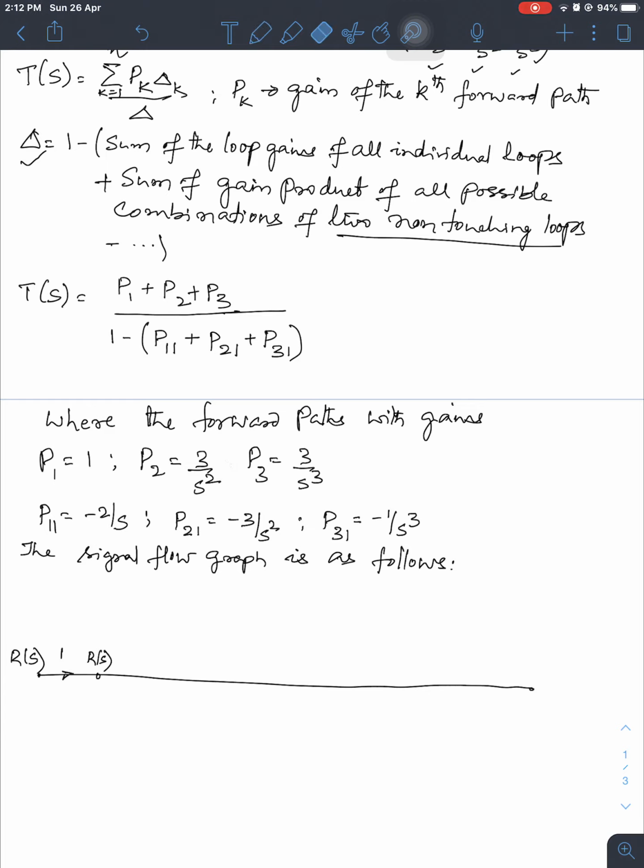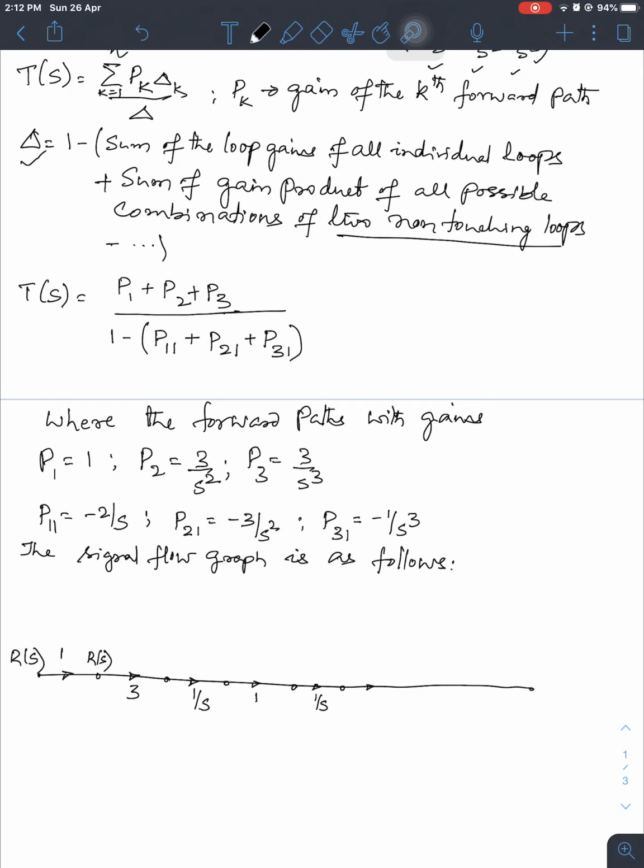I'll try to take P3 and P3 we will try to simulate. Okay, so I will try to take a gain of 3 here, then I will put 1 by S, I'll put one unity and get another node, I'll put one more integrator, 1 by s.